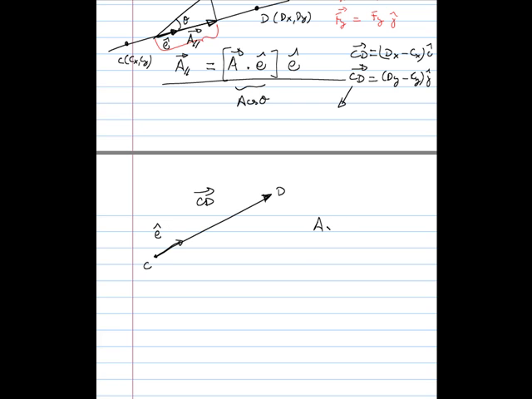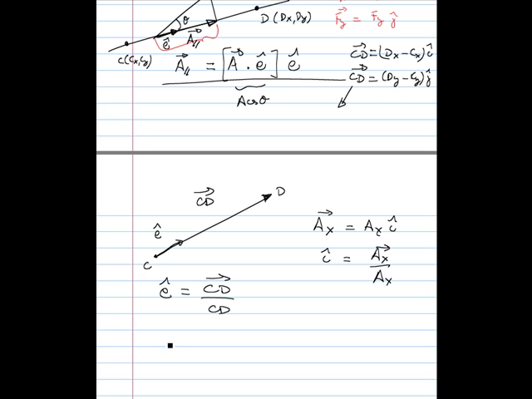So the same way as we wrote before, AX is equal to AX times I. We could solve for I, which is nothing else than the vector AX divided by its own magnitude. So we can use the same technique. In this case, my vector E is nothing else than my full vector CD divided by its own magnitude.